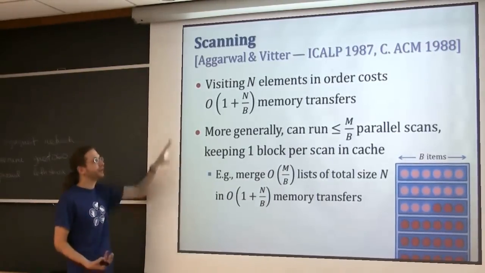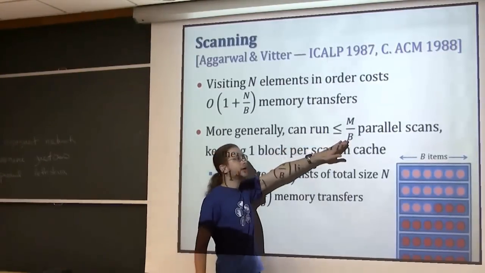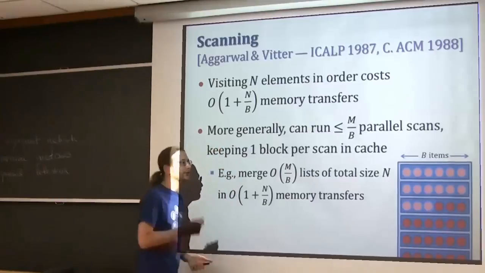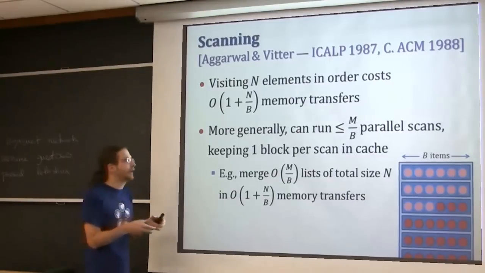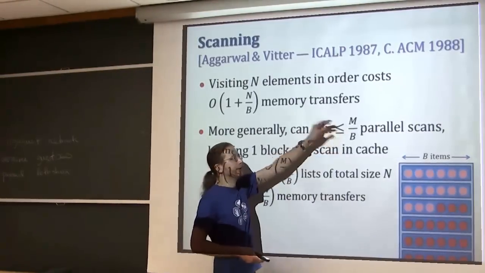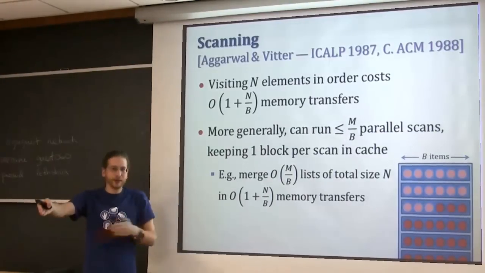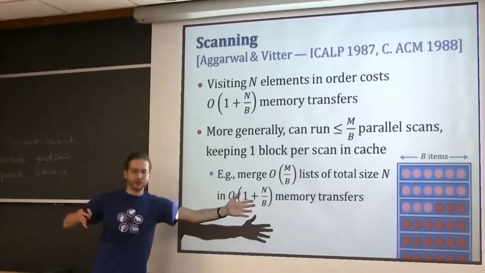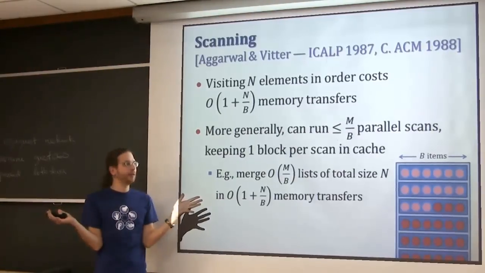More generally, instead of just one scan, you can run up to m over b parallel scans, because for a scan, you really just need to know what is my current block. And we can fit m over b blocks in our cache. So we can advance this scan a little bit, advance that scan a little bit, go back and forth in any kind of interleaving we want of those m over b scans.